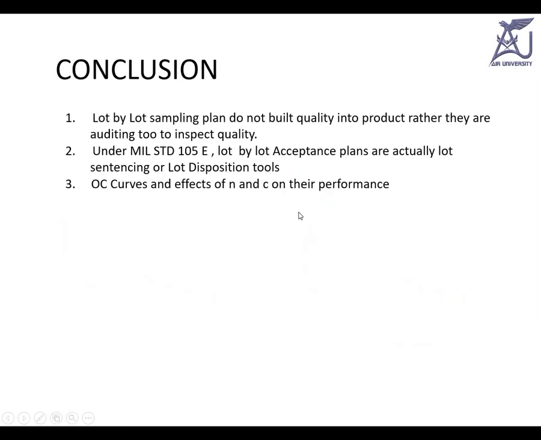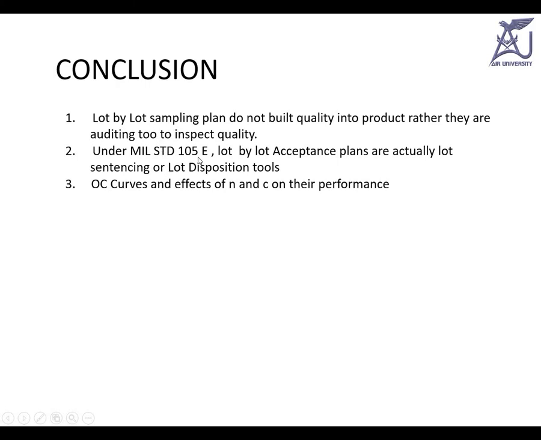Okay, so this is in fact all of what we have discussed. We have discussed what the lot by lot sampling plan is. We discussed that they do not build quality into the product, but rather they are an auditing tool in the inspection. So instead of going for 100% inspection, this is the middle ground in fact.